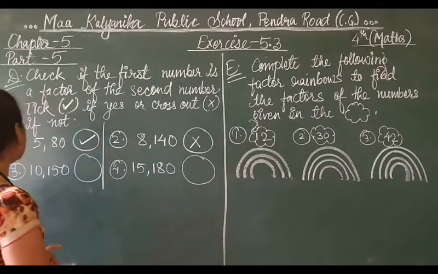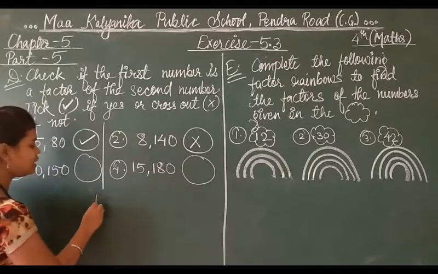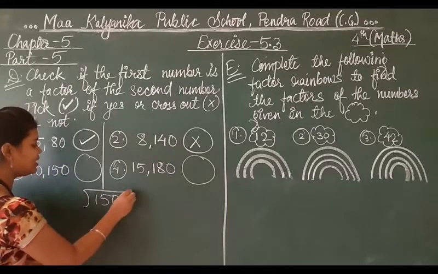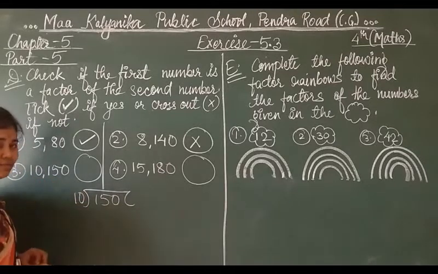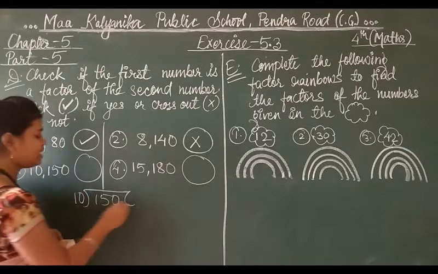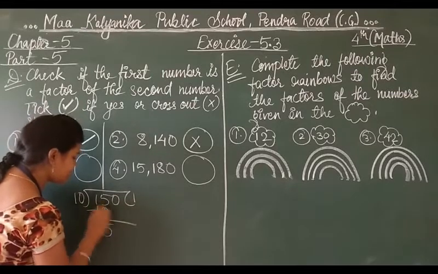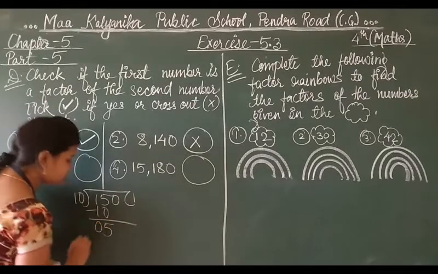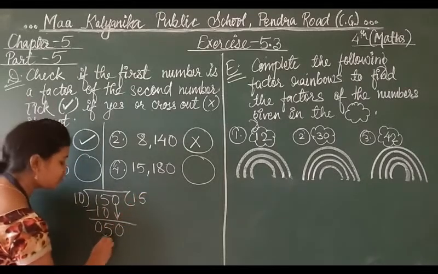Very easy. Now moving to question number 3, 10 and 150. So 150 divided by 10. Now see students, can 10 divide 150 or not? 10 ones are 10. Here 5 minus 0 is 5 and 1 minus 1 is 0. We have to carry down 0, and 10 5s are 50.